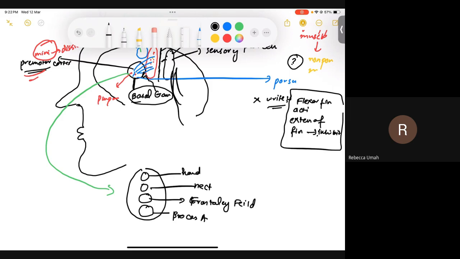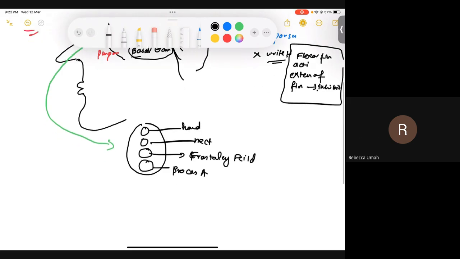How do we know that? For example, how do I know this area is Broca's area, which is important for phonation? The frontal eye field is important for lateral gaze, and another area is important for the neck muscles. If I electrically stimulate this area, a person would start speaking, right? That's why I know this area is important for speaking, for phonation, for creating sounds.